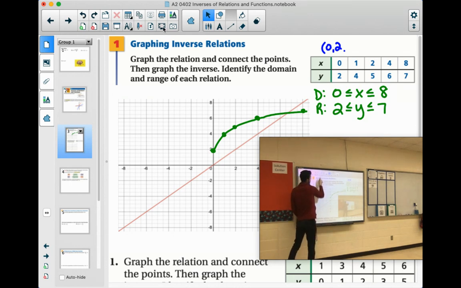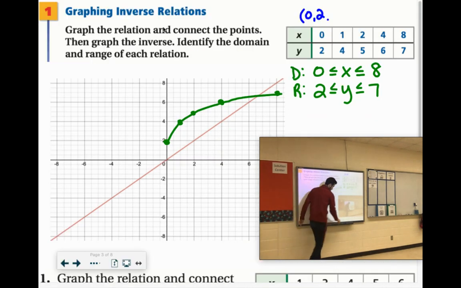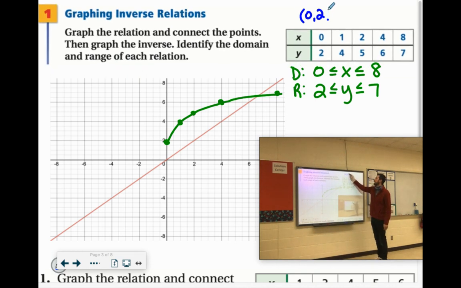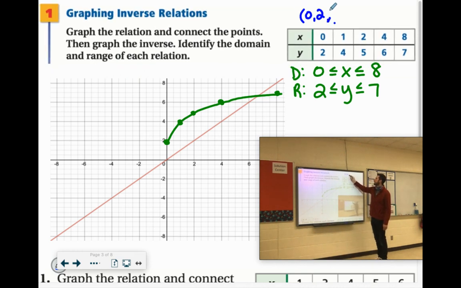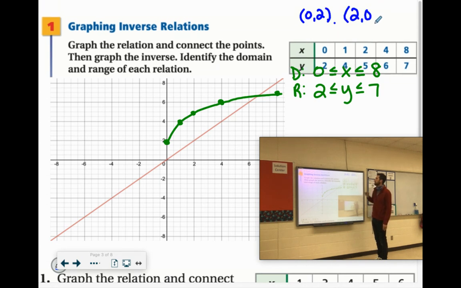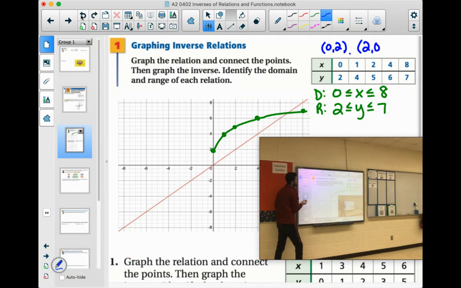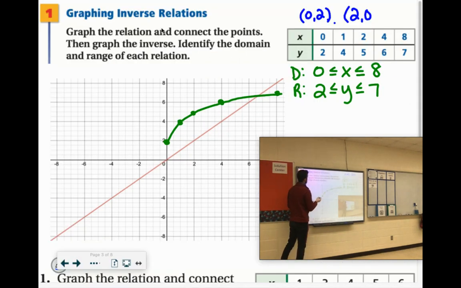It was 0, 2. Now we're going to flip it, and we'll make it 2, 0. So we're going to do that with all the coordinates. So our new coordinate, 0, 2 now becomes 2, 0.